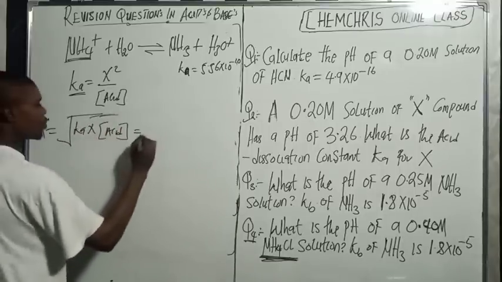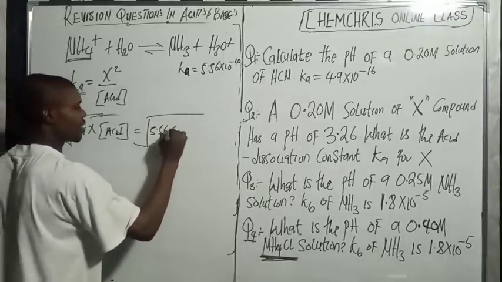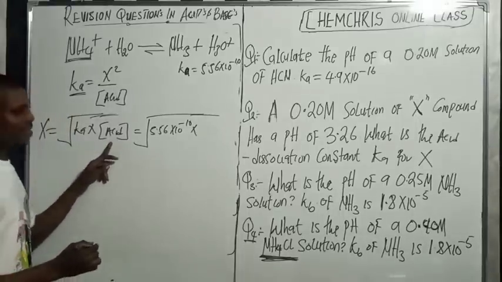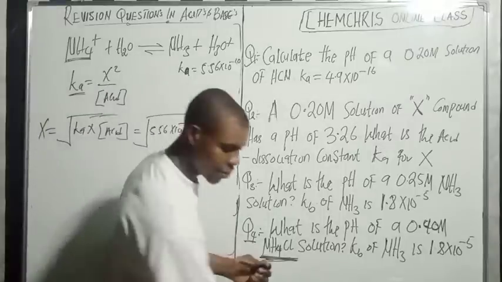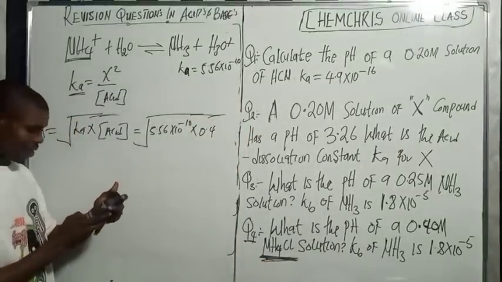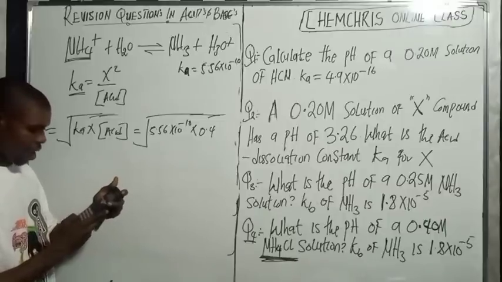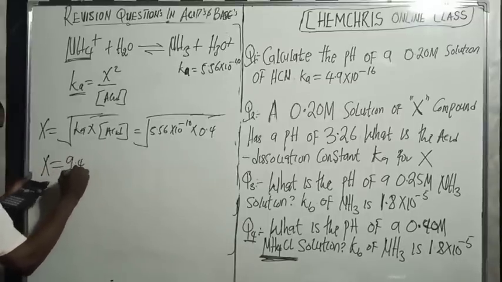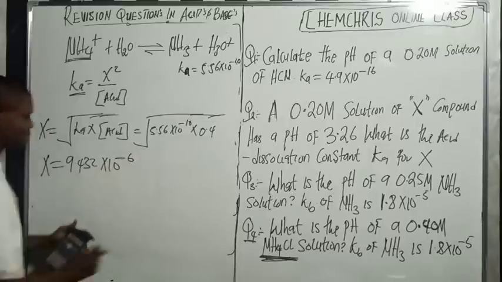My Ka is 5.56 exponential minus 10 times the concentration of the acid, 0.4. On the calculator, square root of 5.56 exponential minus 10 times 0.4, x equals 9.432 exponential minus 6.